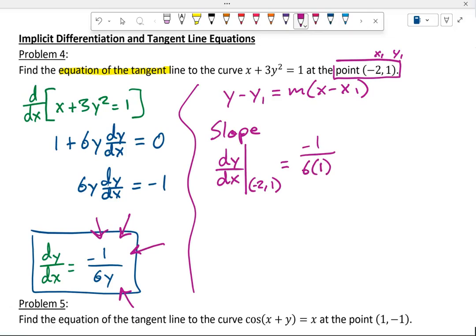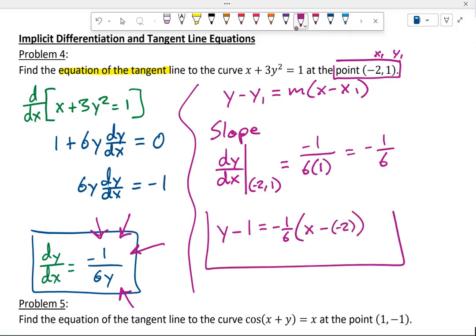So what's our slope? Negative 1/6. Equation, what would it be? y minus 1 equals negative 1/6 times x plus 2, or minus a negative 2, right? That would be your equation. You would stop there and be done.